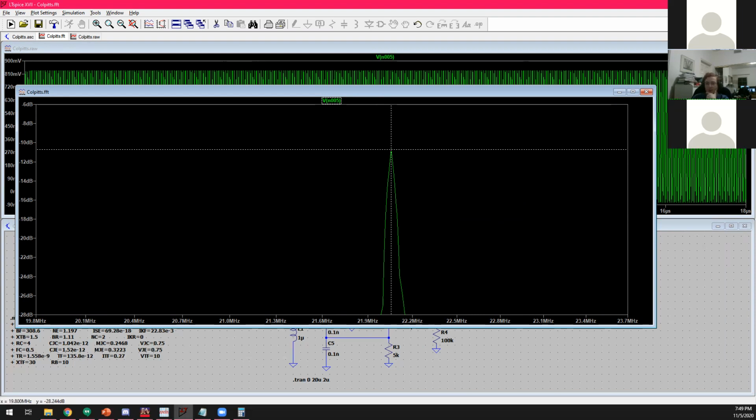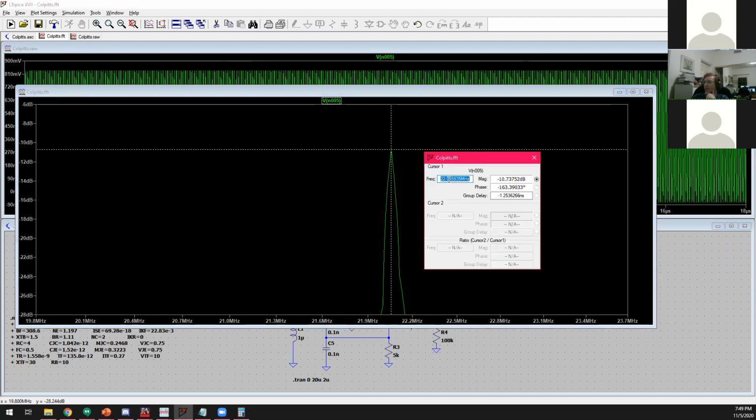Oh, here it is. And right now it's 22.06 megahertz, not exactly 22.5. Then again, that's because there's still some residual capacitance between base and emitter, and you can't really do much about that. But that's good enough in my book.